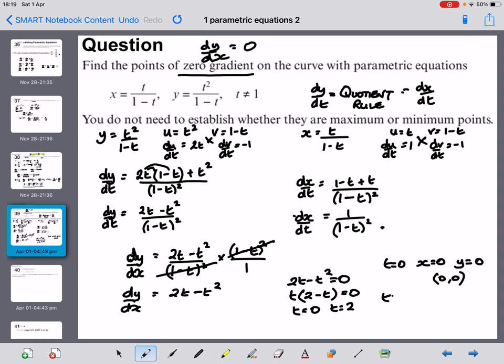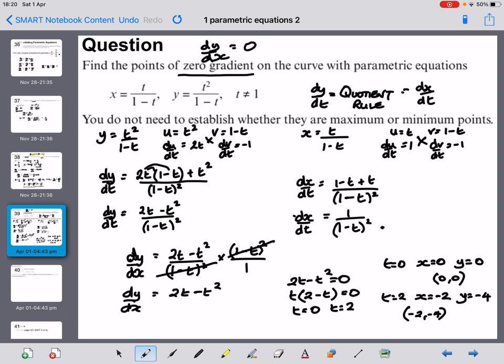When t equals 2, x equals 2 over 1 minus 2. So 2 over minus 1 is minus 2. y will equal 2 squared, which is 4, over 1 minus 2. So 4 over minus 1, which is minus 4. So there's another turning point at the point minus 2, minus 4.